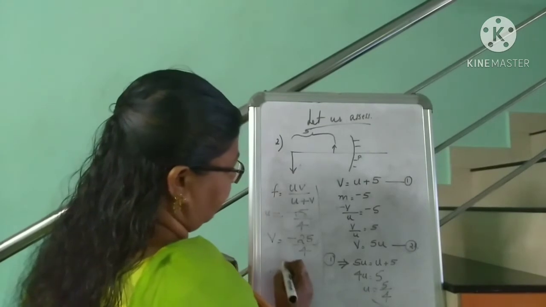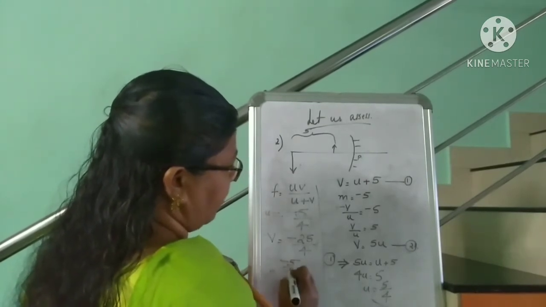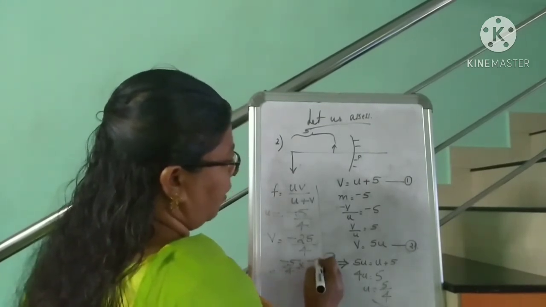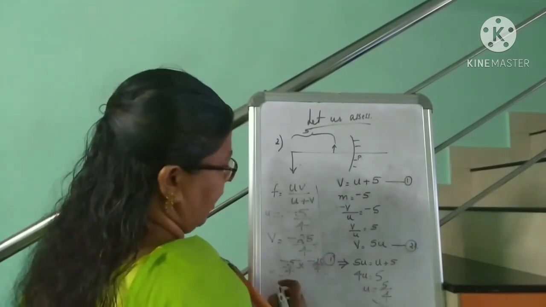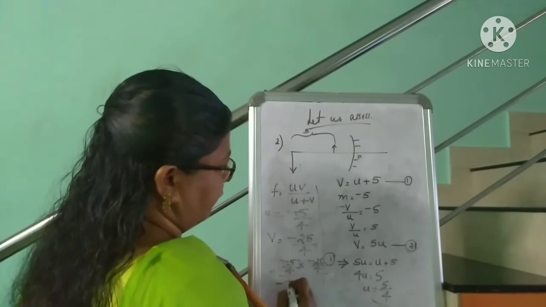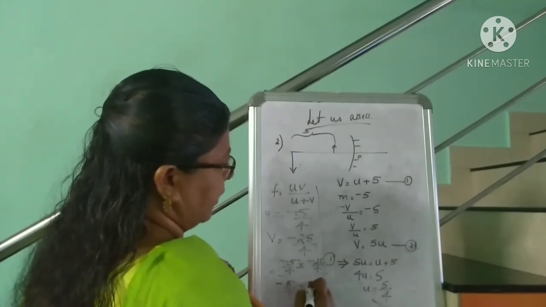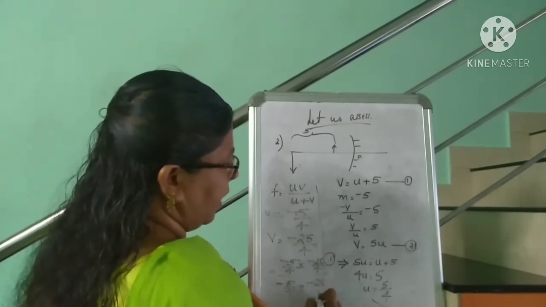What is the answer? Minus 5 by 4 into minus 25 by 4 divided by minus 5 by 4 plus minus 25 by 4.